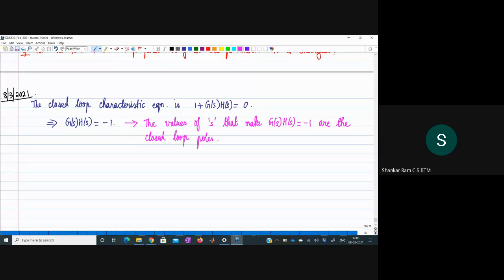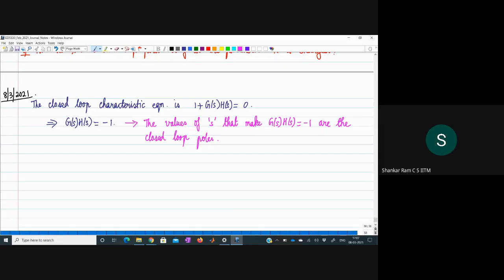Please note, once again, I am reiterating that the term open loop transfer function is associated with a closed loop control system. The transfer function of an open loop system is a different entity altogether. So please note the subtle difference between the two terms. The values of s that make G(s)H(s) equal to minus 1 are the closed loop poles.